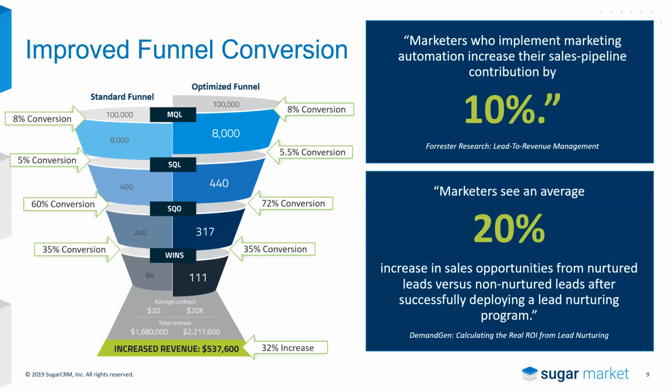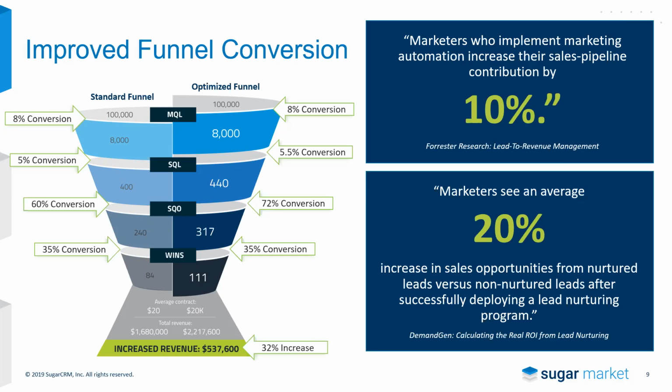And what you see is two big conversion points. One is the number of opportunities that are being generated by the marketing organization and the increase in pipeline from marketing. And then the increase in sales opportunity from nurturing leads versus just sending blast emails and hoping to engage with someone at the right time.